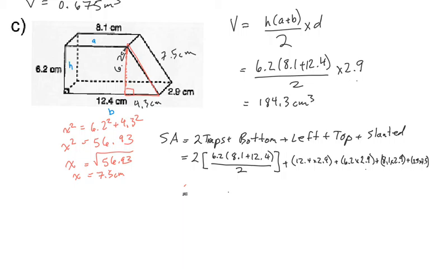Upon calculation, we find out we have 226.28 centimeters squared for our surface area.